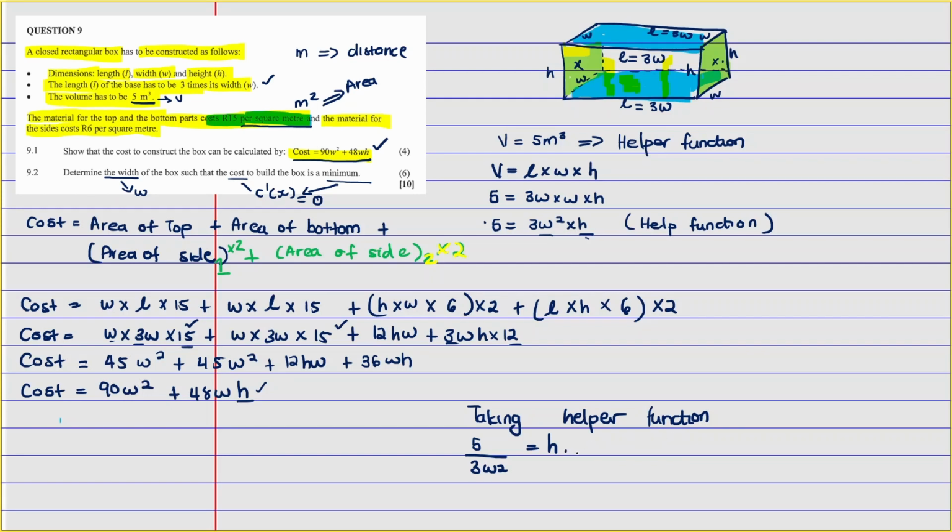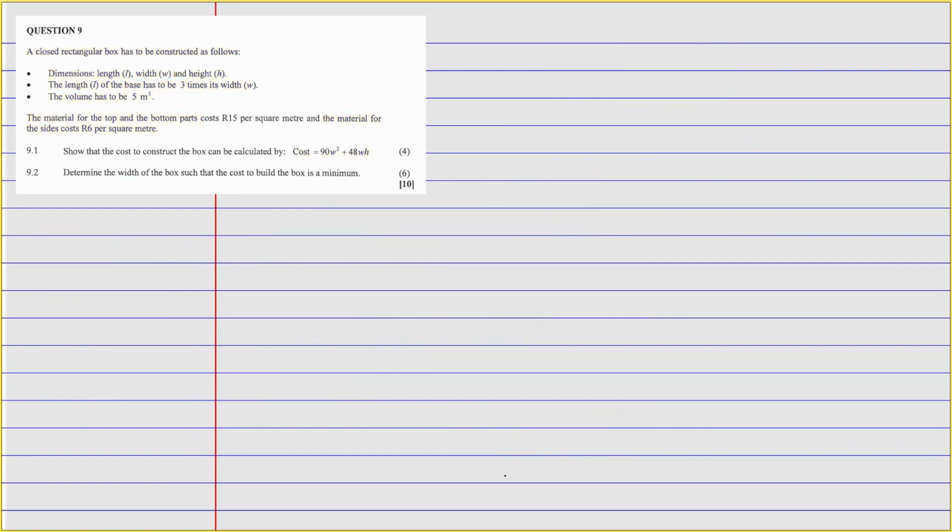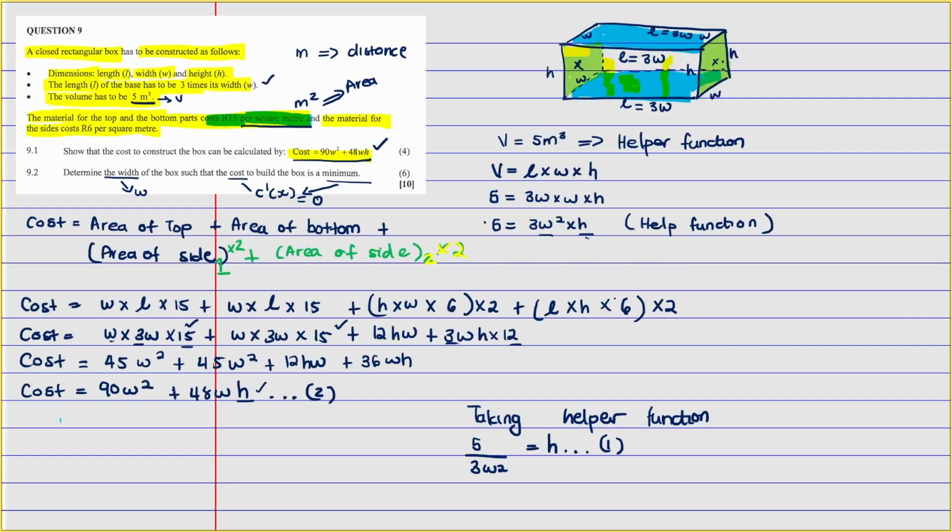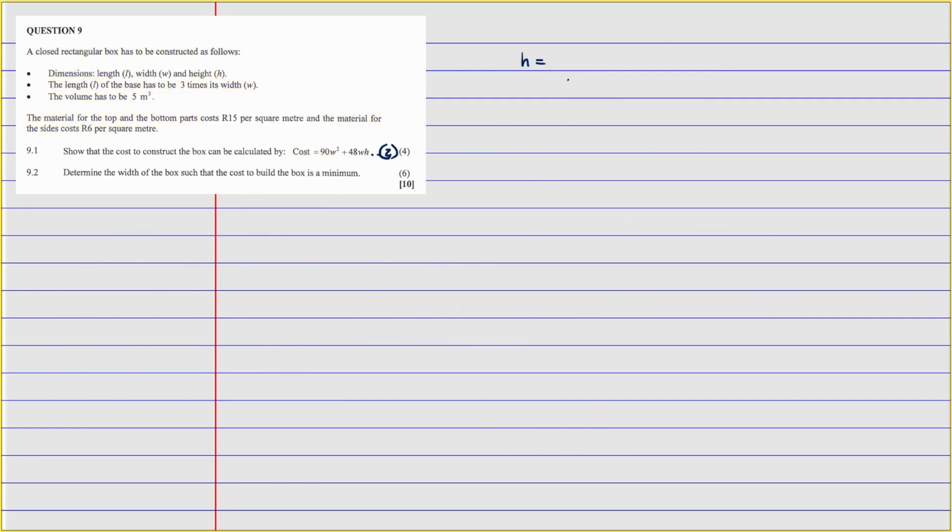Now I'm just going to call this 1 and this 2. What I'm going to do is substitute one equation into the other, the cost function, so that everything can be in terms of W. Let me move here and rewrite this. We know the cost they gave us, and we know that H is equal to 5 divided by 3W squared.